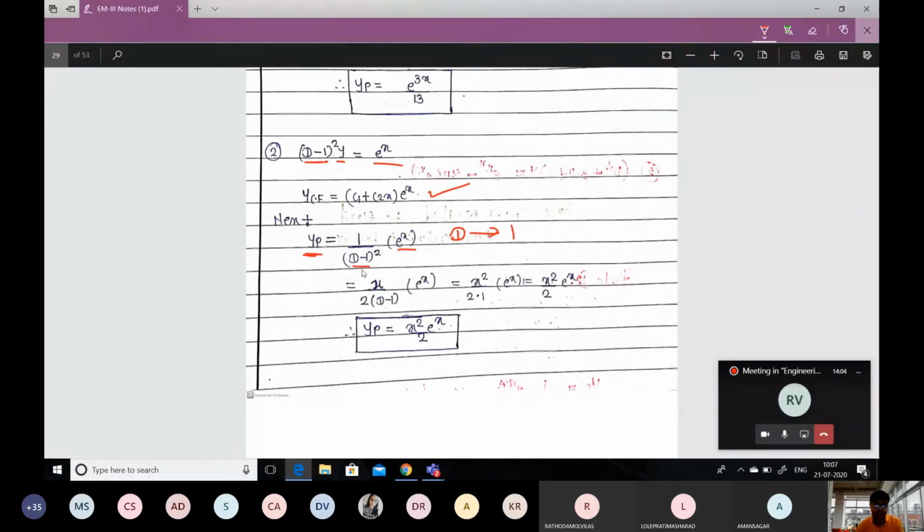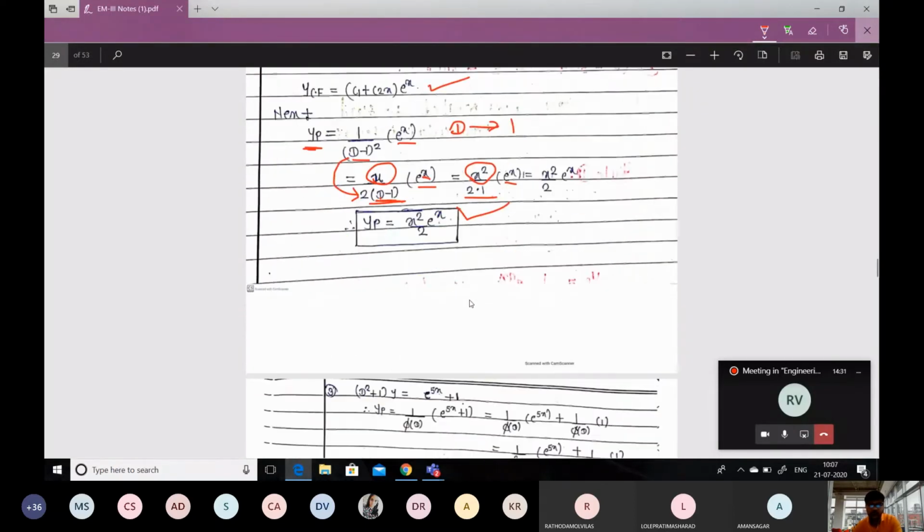Then just multiply by x and take the derivative of the denominator, that is 2 times D minus 1, with e to the power x as it is. Now again put D equal to 1, the coefficient of x. But one more time we are getting 0 at the denominator, so one more time multiply by x, you will get x square, and again take the derivative of the denominator, you will get 2 into 1, e to the power x, and that's the final solution.